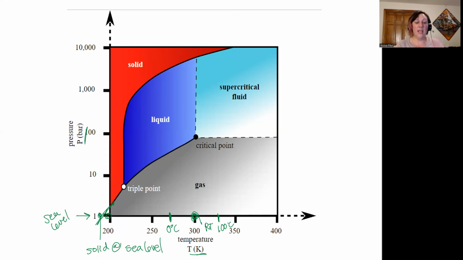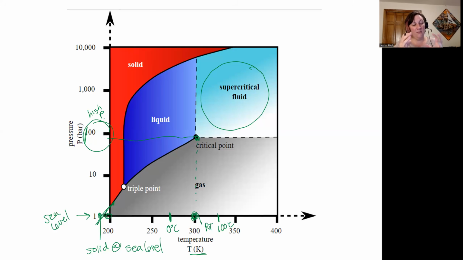So thinking about carbon dioxide, here is its supercritical fluid segment of the graph. You can see that at about room temperature, we can reach the critical point, where the liquid and gas start acting in the same way. But we have to do it at pretty high pressures.